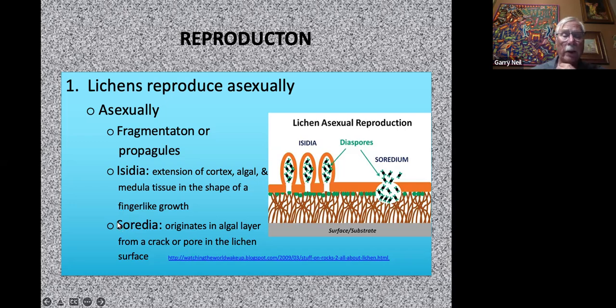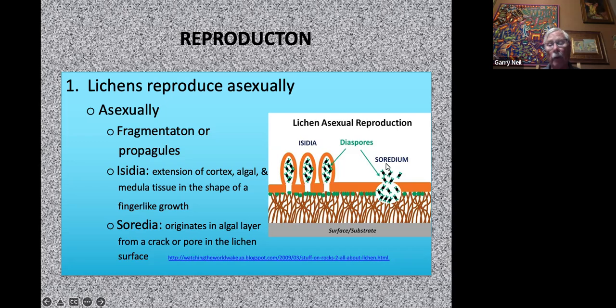The other structure is called isidia. Isidia, when you look at the body of a lichen under a scope, look like little tiny pustules. And in the pustules, you'll see all these little grains, or granules. It's called granular, but you'll see all these different grains, and the grains are just like the soredia spores. These are the same type of structures, but in this case, they're produced in two different ways, either by having a sac or having a pustule on the surface of the lichen.